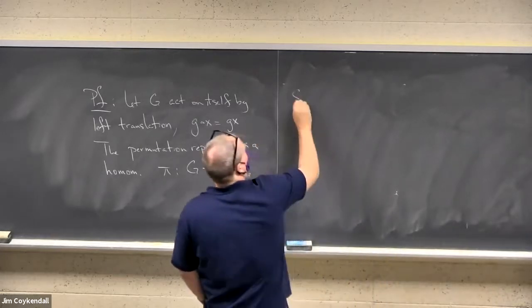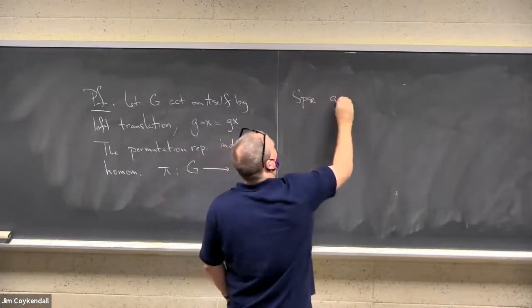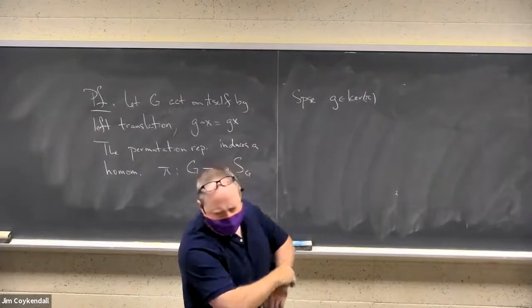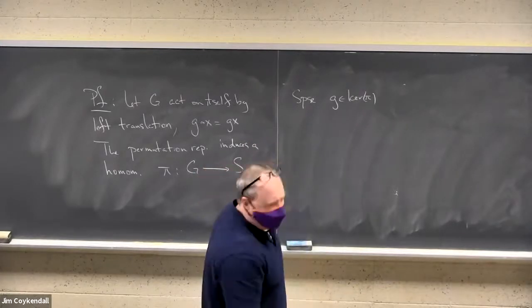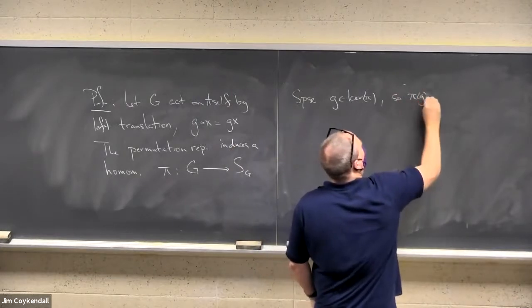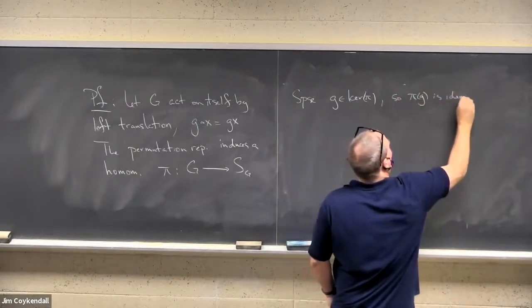Suppose pi of g is the identity permutation.